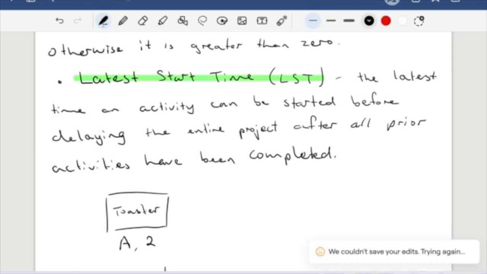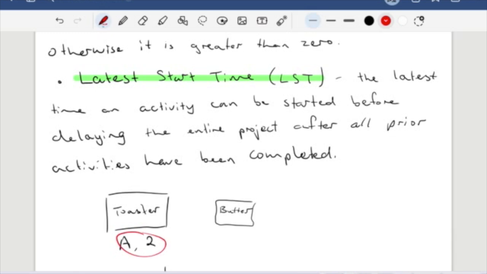After that, let's say you really like butter on these sandwiches. So the second thing you're going to do is put some butter on your toast. But think about it. You can't butter your toast until the previous activity has been completed. You can't do it until you have your toast ready.